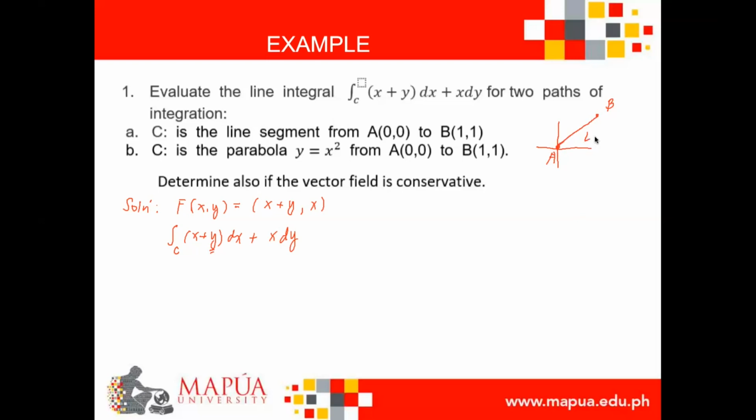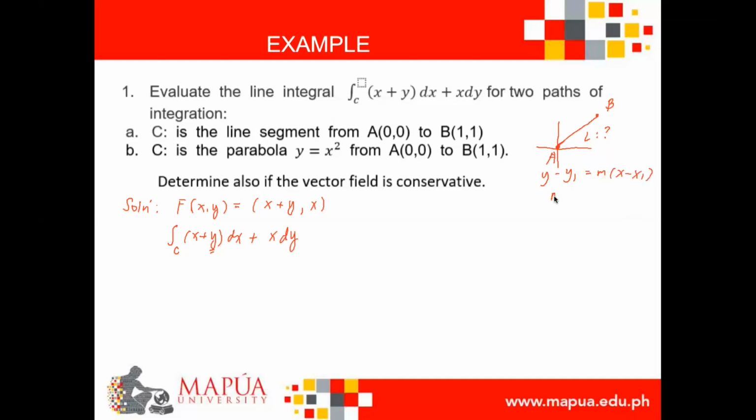Let us define the equation of this line. The equation of this line can be found by the formula of a line using the point-slope form. So we have y minus y1 equals m times x minus x1.